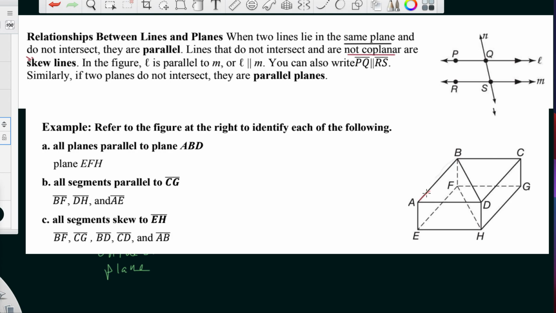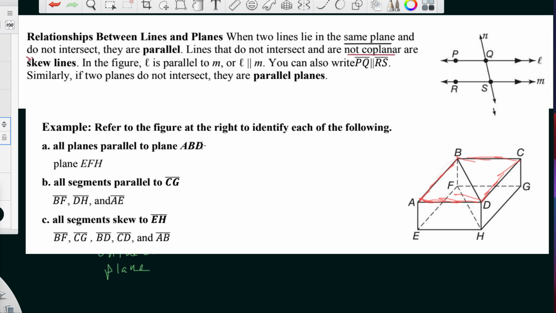So if this is ABD, this whole plane here, even though it's labeled with 3 letters, that's my next thing, but here it is. It's the top of this box, this rectangular prism that has another plane cutting through it. ABD is this whole plane up here.